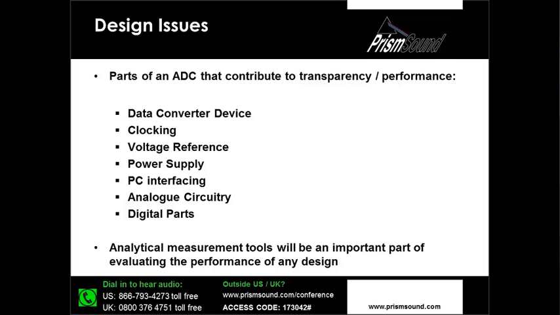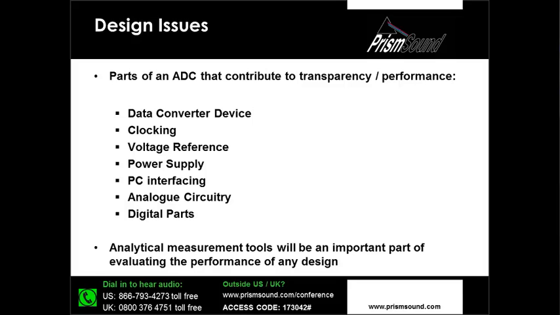Now, when we're trying to understand the performance and behavior of something like an analog to digital converter with such a complex architecture as this, we can use our ears. They're very useful analytical tools to tell us something about how the device is performing and how it sounds.